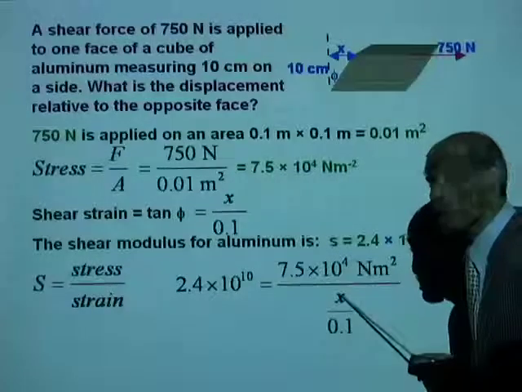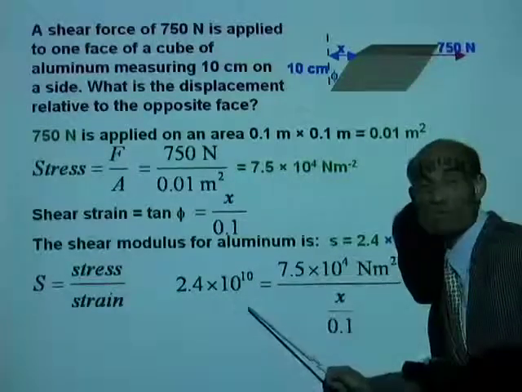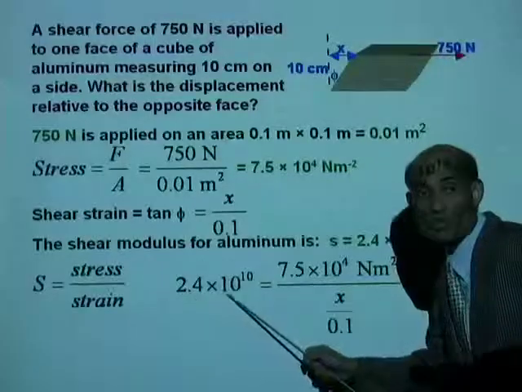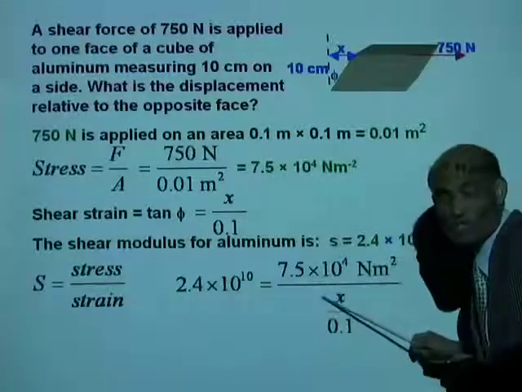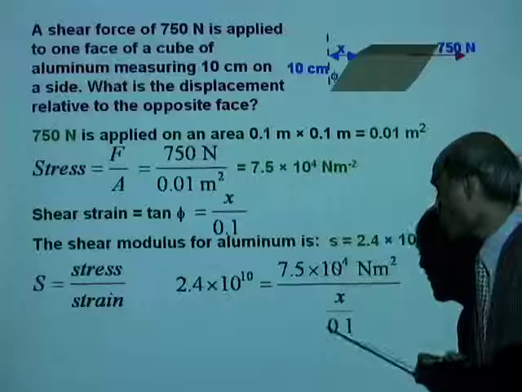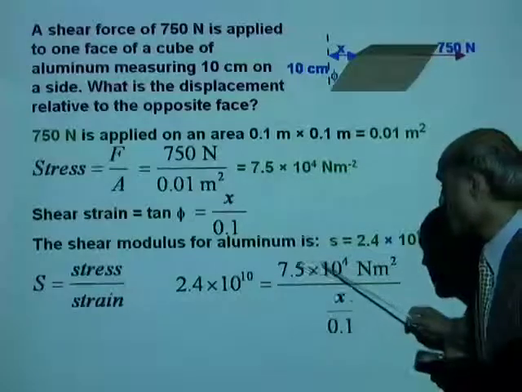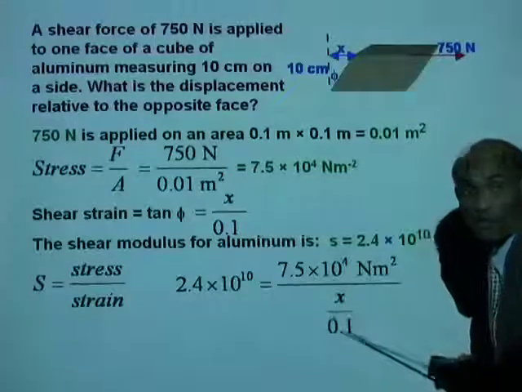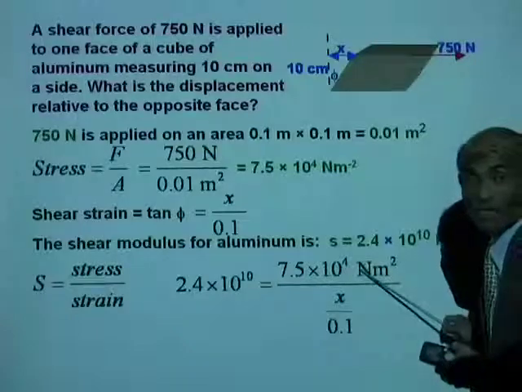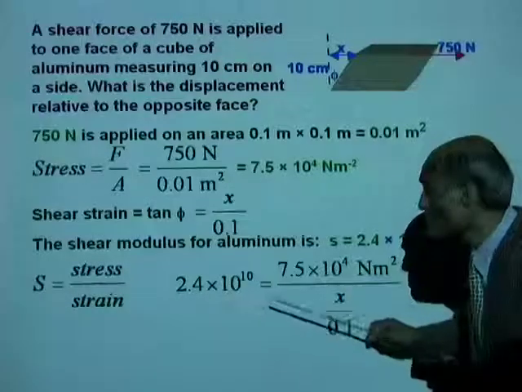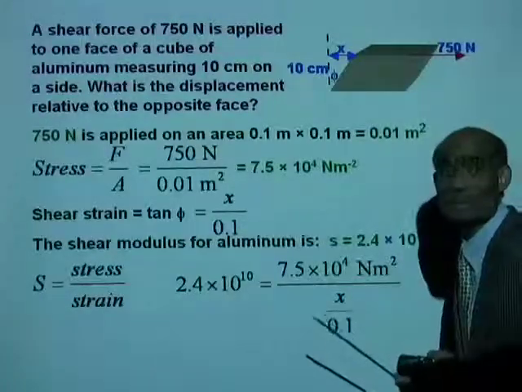And if you want to solve for x, this x can be taken to the left and this quantity can be brought to the denominator. So my numerator will be 7.5 times 10 to the 4 times 0.1, and the denominator will be 2.4 times 10 to the 10.